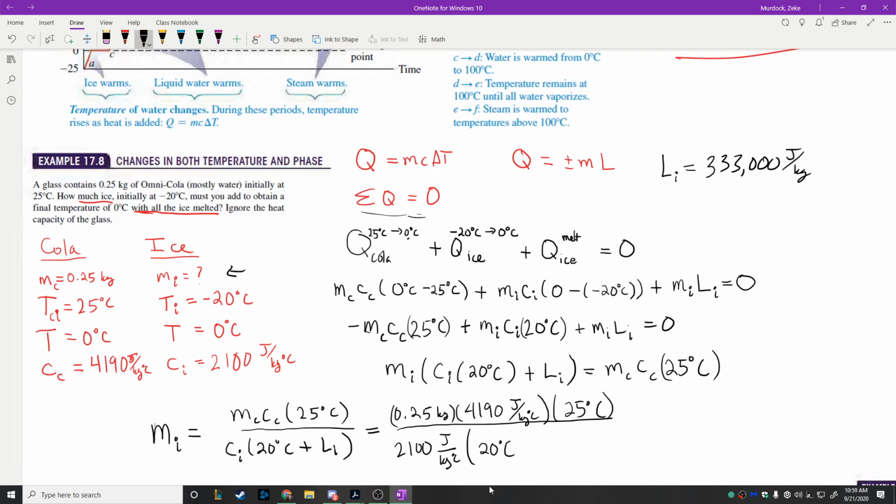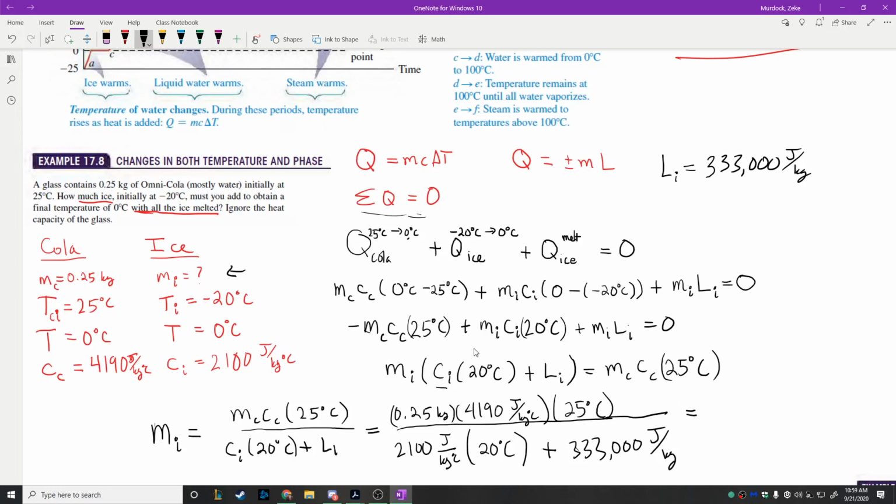Wait a minute. Something's wrong here. I left something out. Yeah, that's not right. That's better. Put some parentheses in the wrong place there. Sorry about that. It's the specific heat of ice times 20 and then plus the latent heat of fusion. So 20 degrees Celsius times this plus that. These should have the same units. They do.